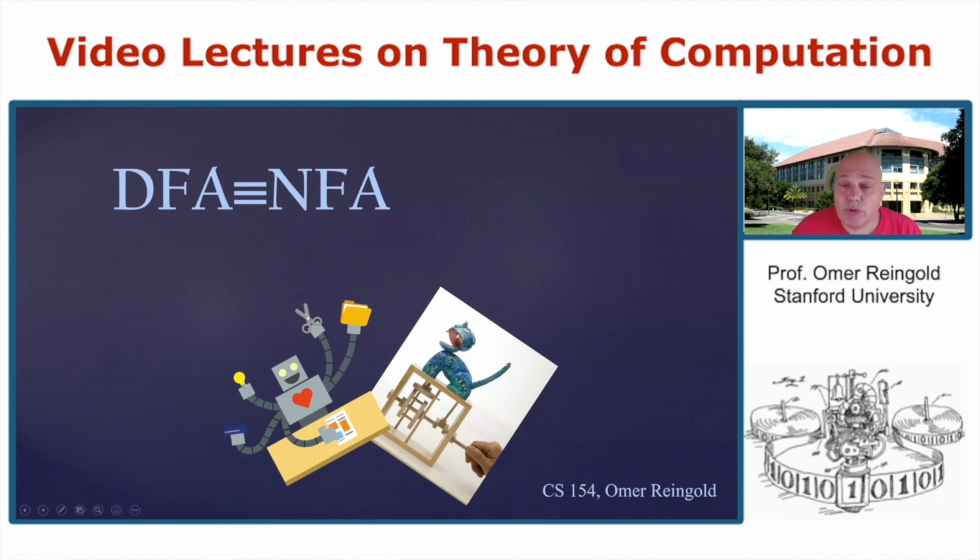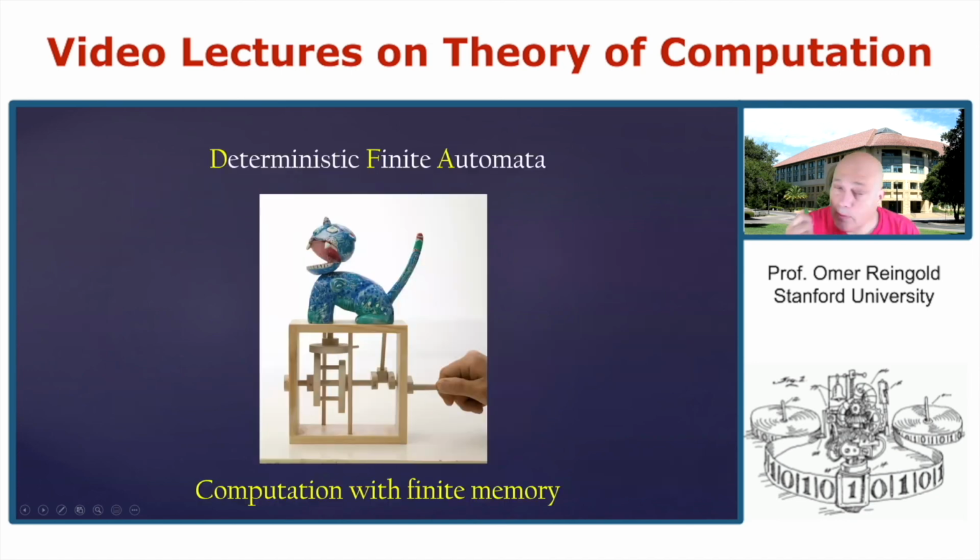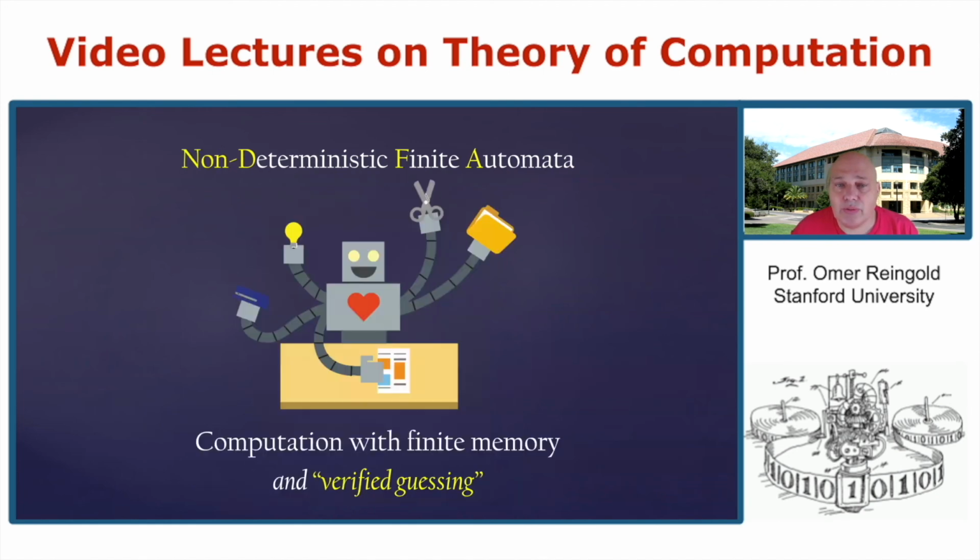And this is what we're going to prove in this video. So on one hand, we have DFAs. These are computations with finite memory. And on the other end, we have computations with finite memory that have verified guessing.